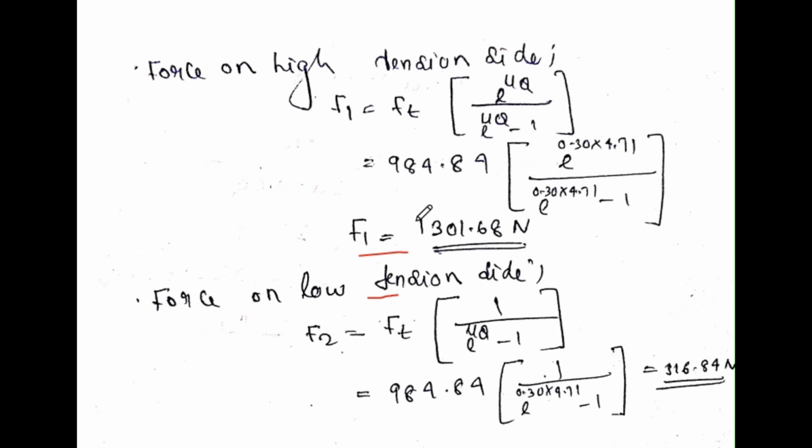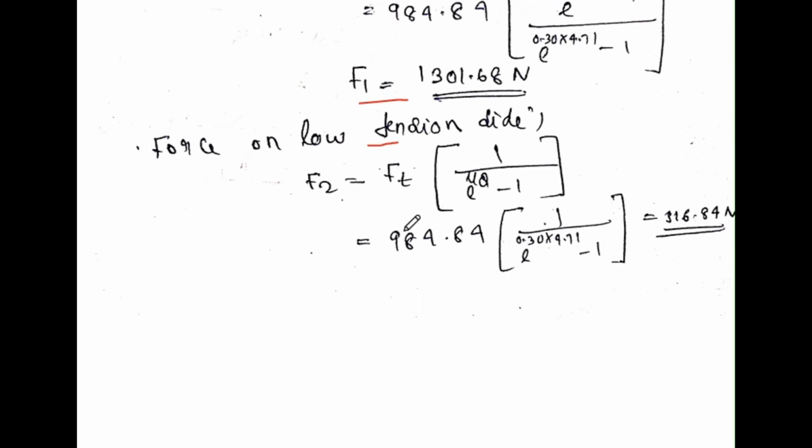Second, to find the braking torque, it is simply T equal to F1 minus F2, since the torque is caused by the difference of force on the two sides. One end will have a higher force, the other a lower force, so this difference in force is what causes the torque.